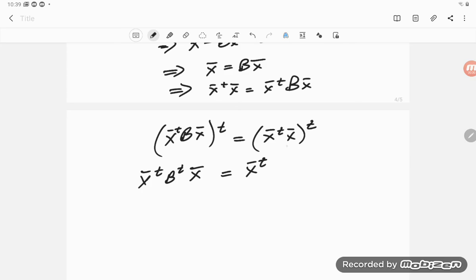Again, if I reverse order, I've got X transpose, and then the transpose of X transpose, which is just X. And so we get that. But B transpose is negative B, so on this side we have minus X transpose B times X is equal to X transpose X.